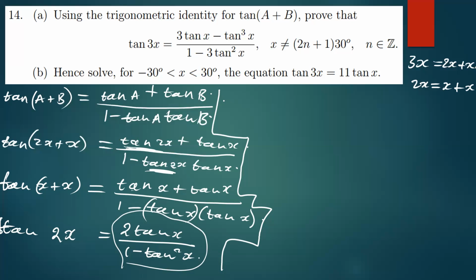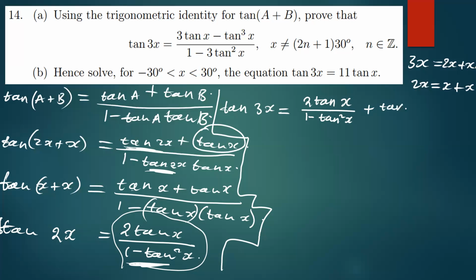So my tan 3x will become 2 tan x over 1 minus tan squared x, plus tan x, all over 1.